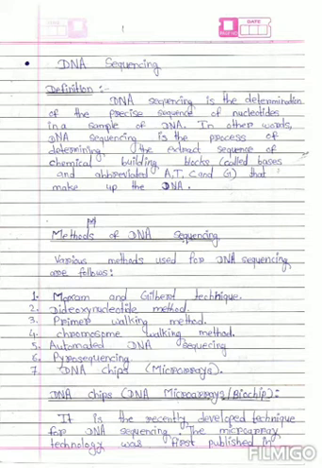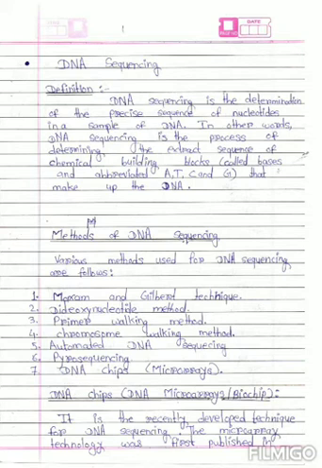In other words, DNA sequencing is the process of determining the exact sequence of chemical building blocks called bases, abbreviated A, T, C and G, that make up the DNA.